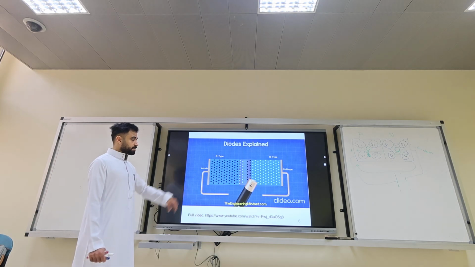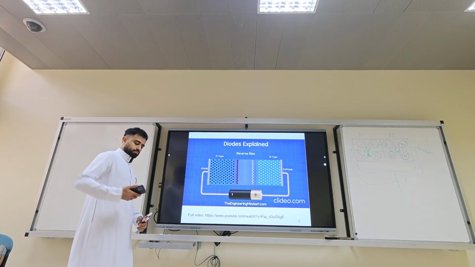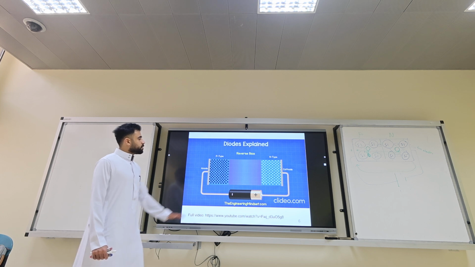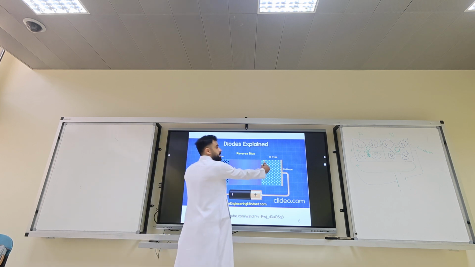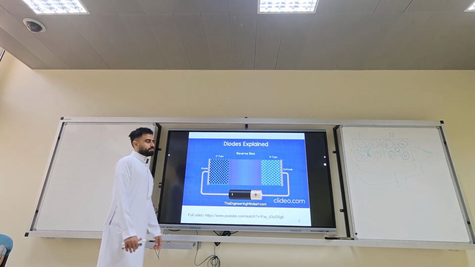If you reverse the direction, you will make this region even larger. So you will not allow any current to move.